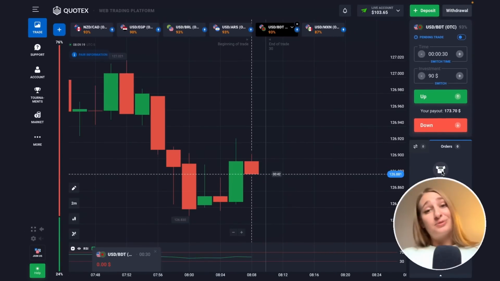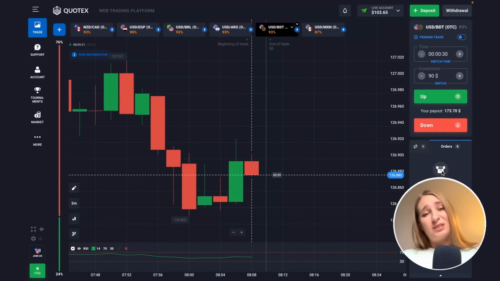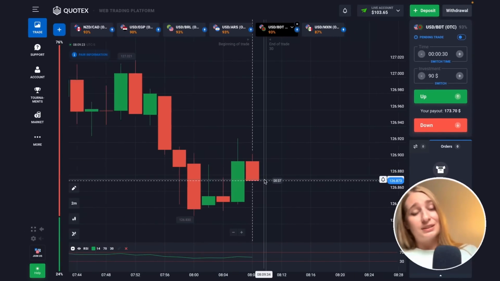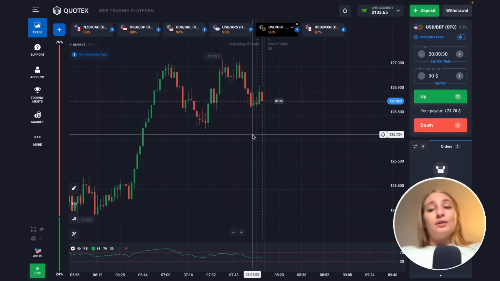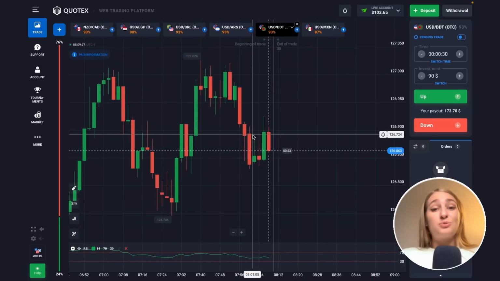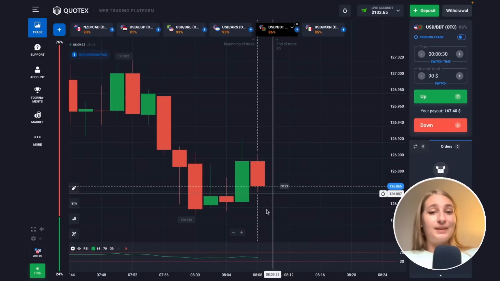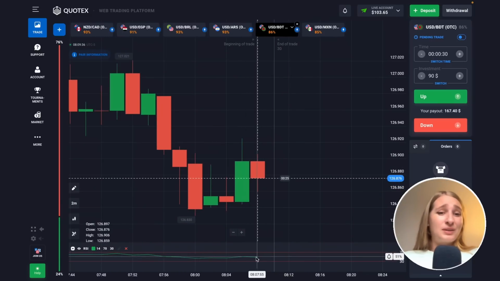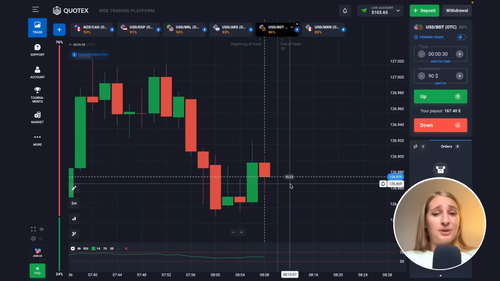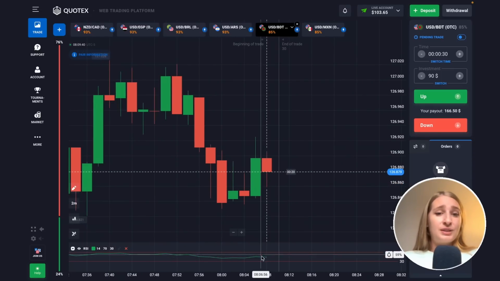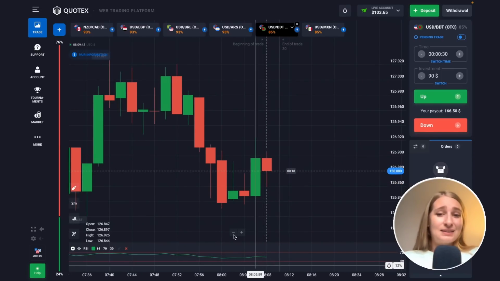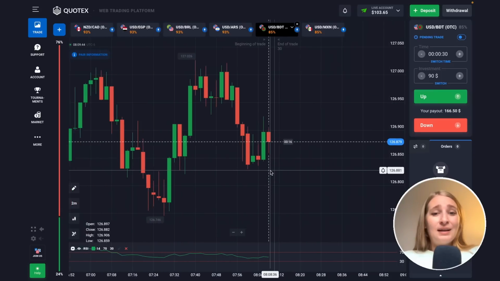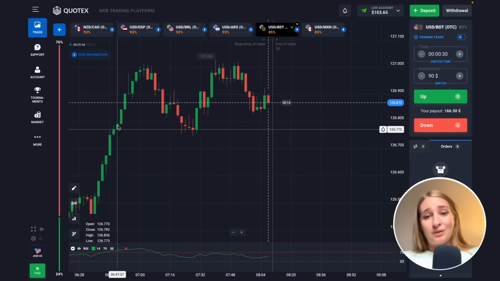So guys, unfortunately we lost our $90, and wow, you see the signals were not really bright over here. They are not really clear. If we look at the RSI indicator, especially when I just started the trade, you see the line is in the middle of the channel, so I didn't catch the right moment.